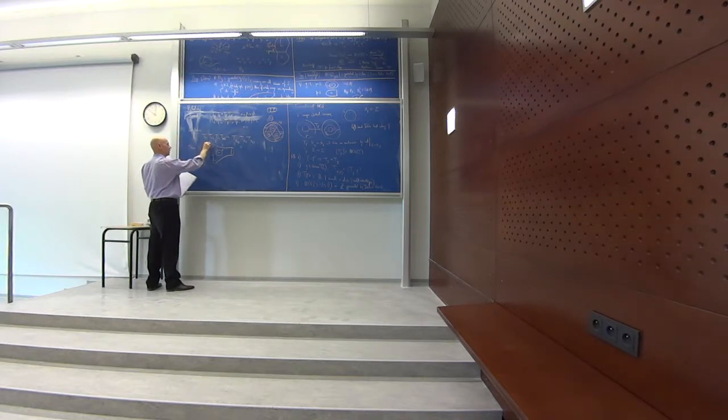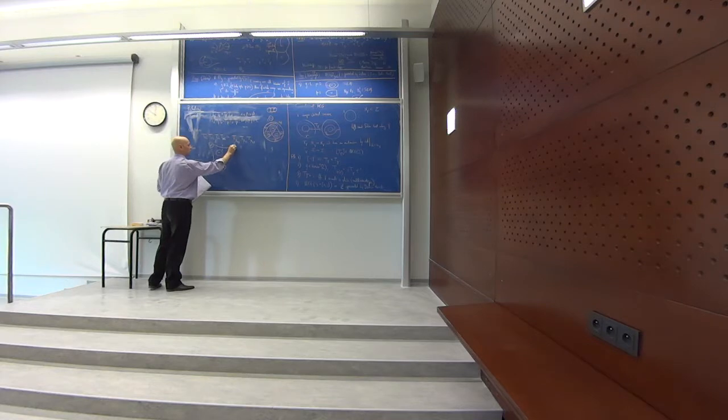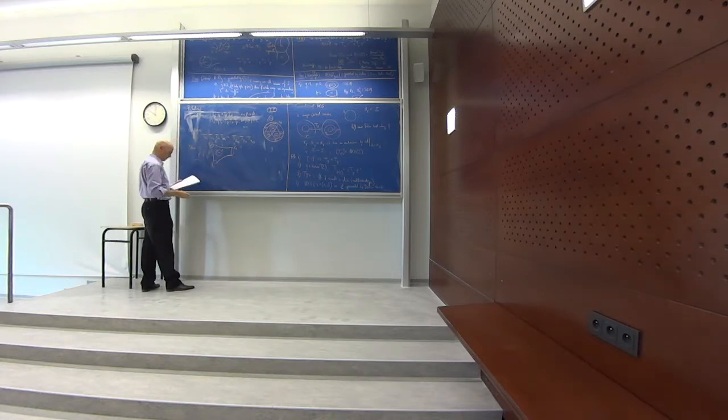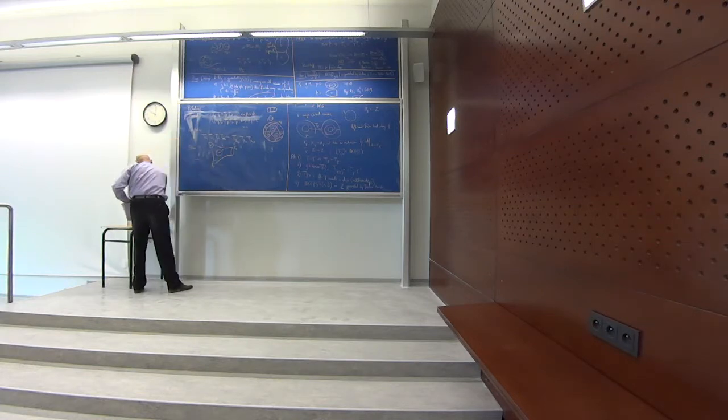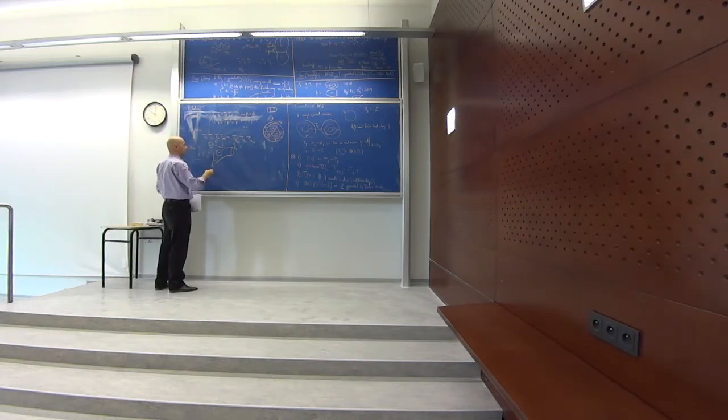Here you have gamma 1, gamma 2, gamma 3. And here you have alpha 1, alpha 2, and alpha 3.